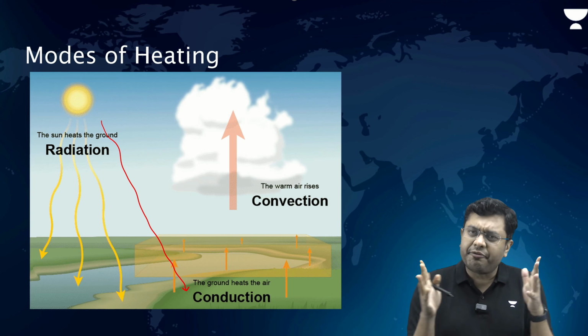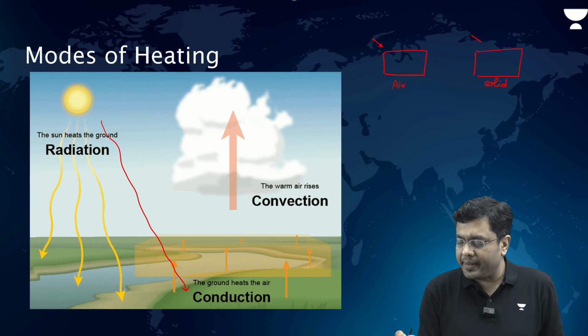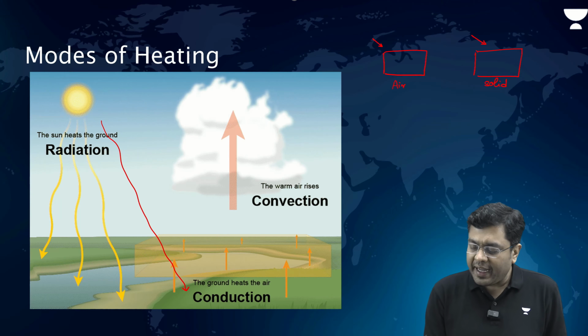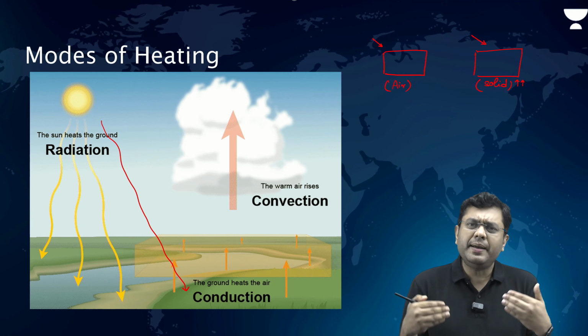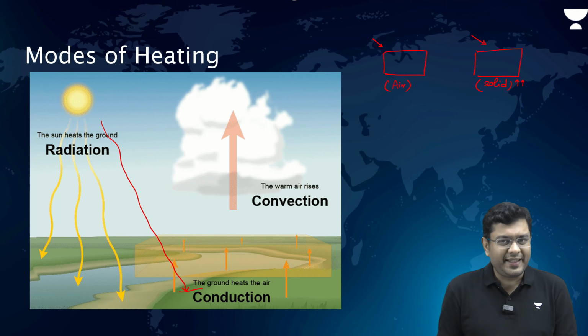And that is because of the basic fundamental that when you consider a mass of air, let's suppose a sample of air, and a solid object, and equal heat is applied to both of these, the air will always end up indicating a lower rise in temperature, whereas in the solid, the rise in temperature will be very substantial because a solid is a better conductor than air. So that is why it is the ground surface which gets heated up.